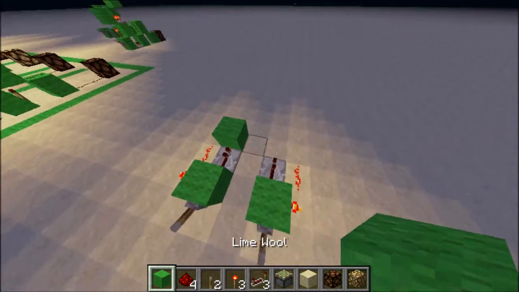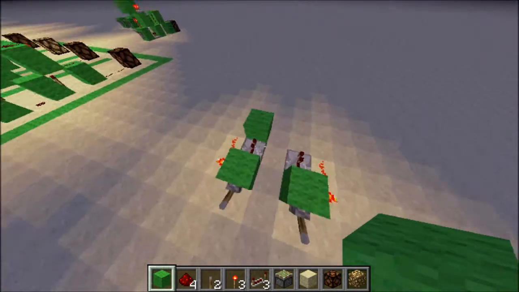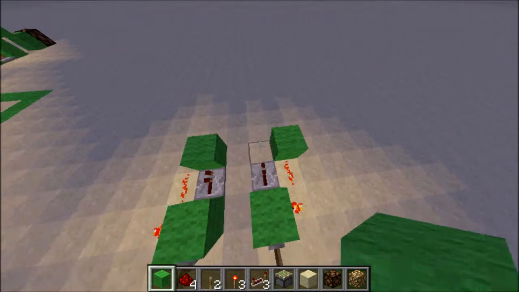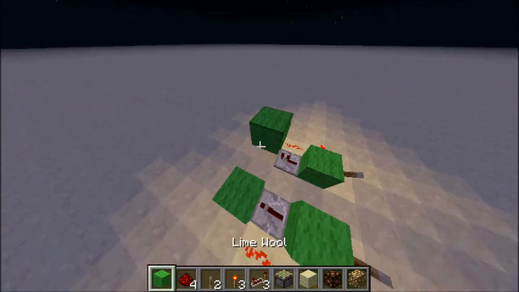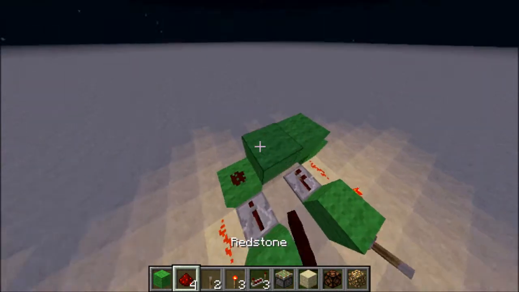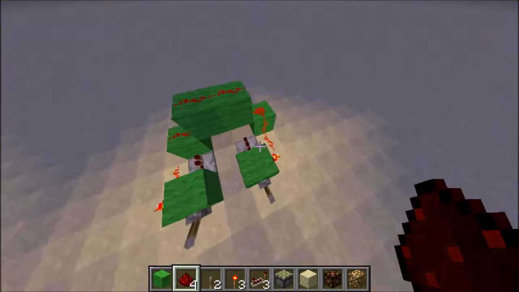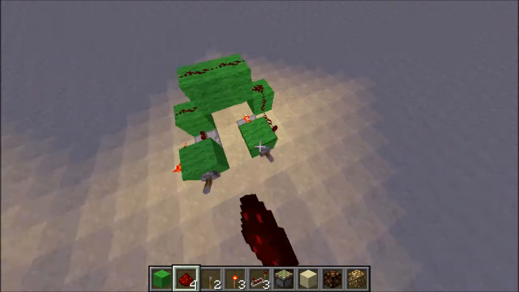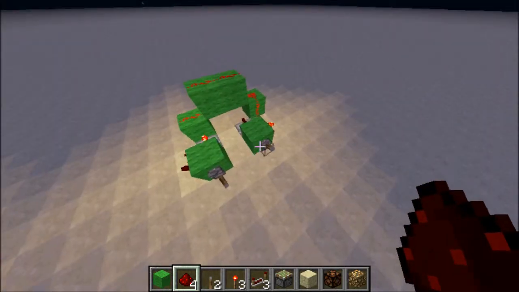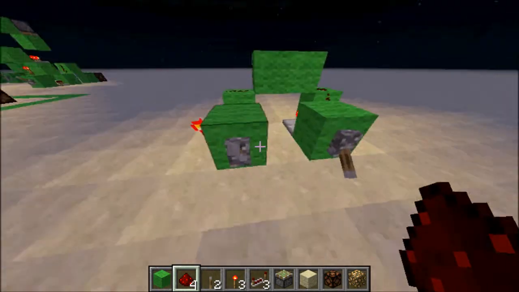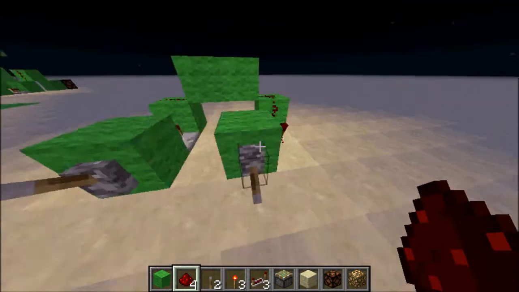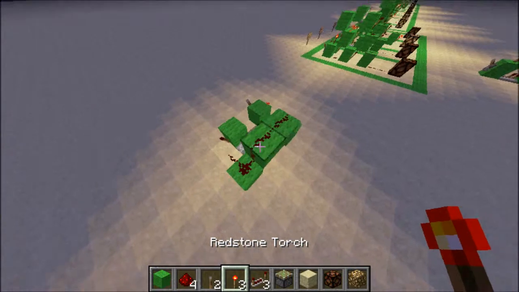Alright, when we OR these together, so this one and this one, and we do not destroy the ground, we OR these two together, this will be always on, always except for this position, so 0, 1. That is the only time it turns off.